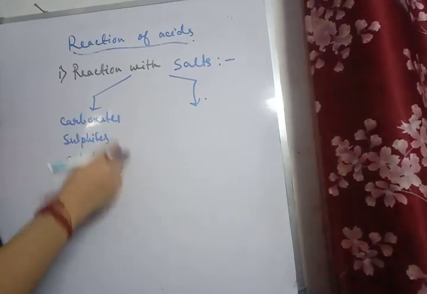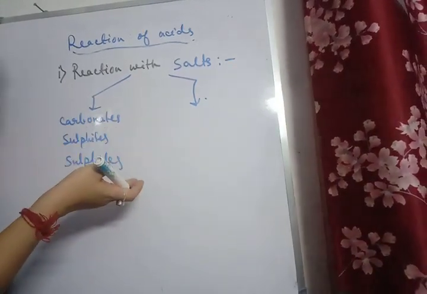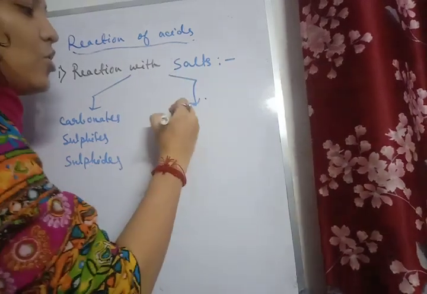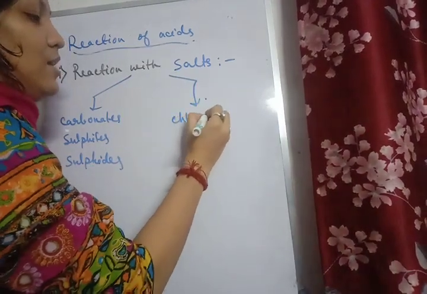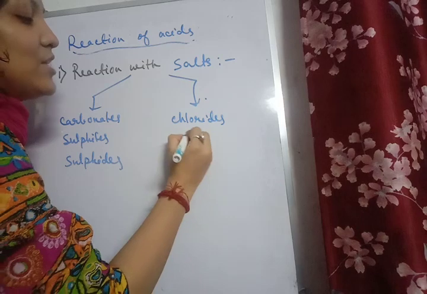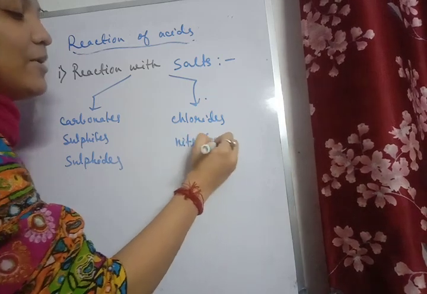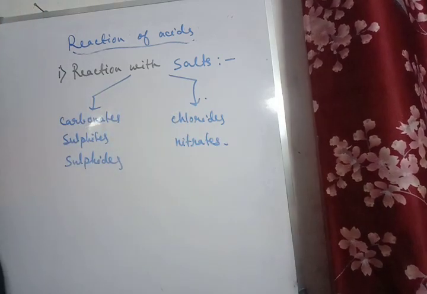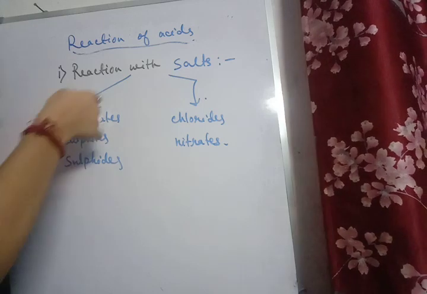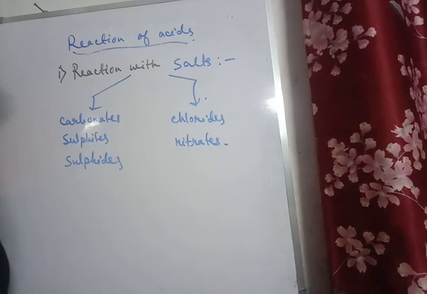These three salts will be reacting with dilute acids only, and other salts like chlorides and nitrates will be reacting with the concentrated acids. So first we are going to do carbonates, sulfites and sulfides.